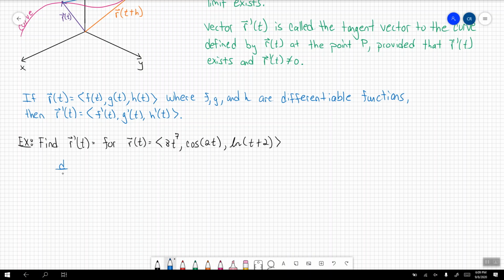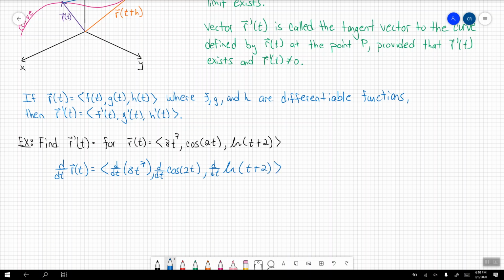I'm taking the derivative with respect to t of r of t, and I'm going to apply that derivative onto each individual component: the derivative with respect to t of 8t to the 7th, the derivative with respect to t of cosine 2t, and the derivative with respect to t of natural log of t plus 2.